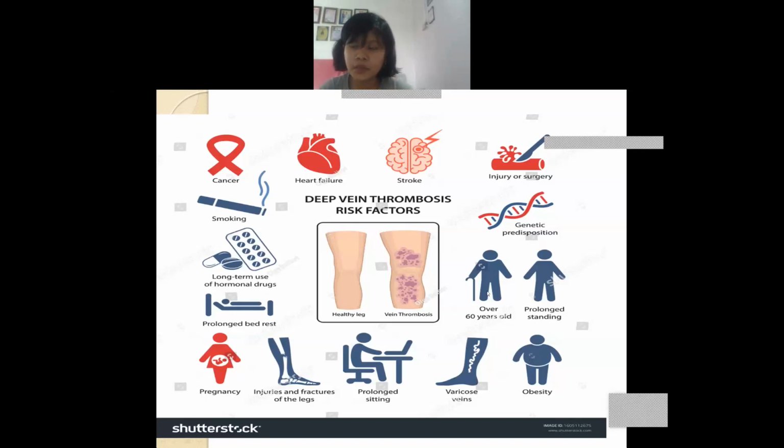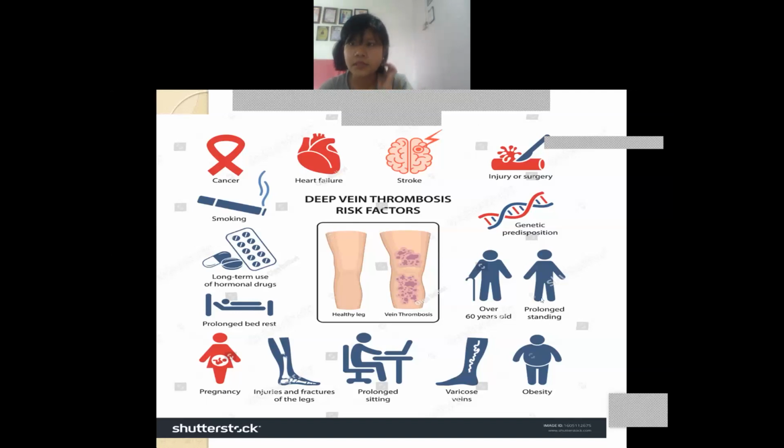Next is over 60 years old, means elderly people or aged people. The aged people are at the risk of having DVT. Why? Because during this time, the veins become weak. Understand? The veins become weak and the veins usually get damaged. So that's why the person will be at the risk of having DVT.